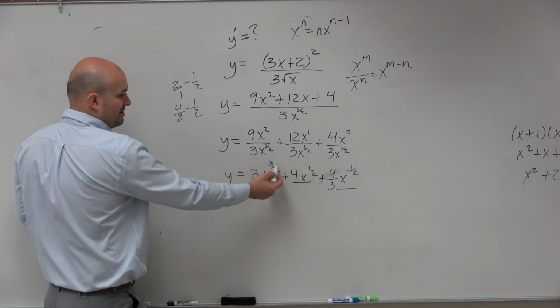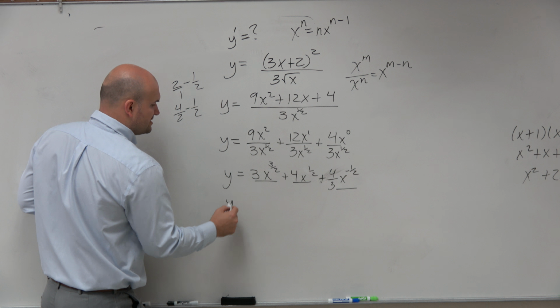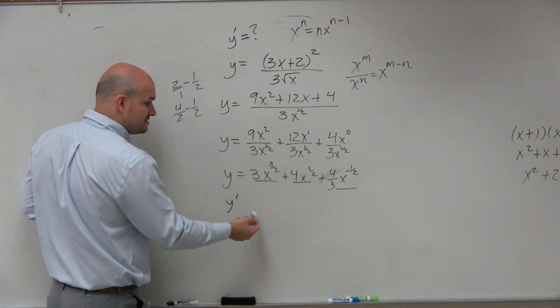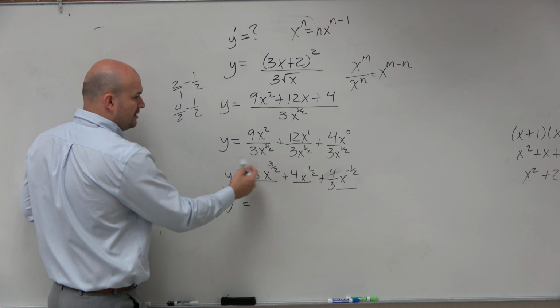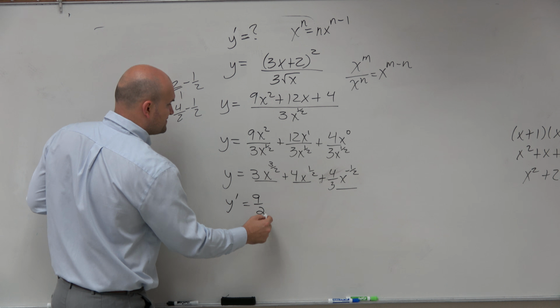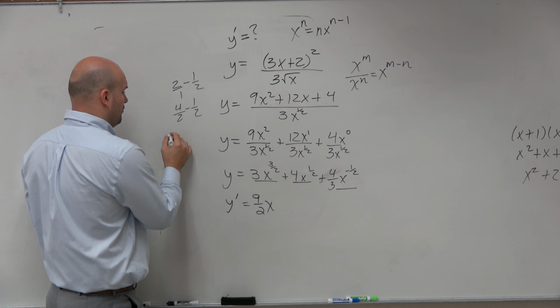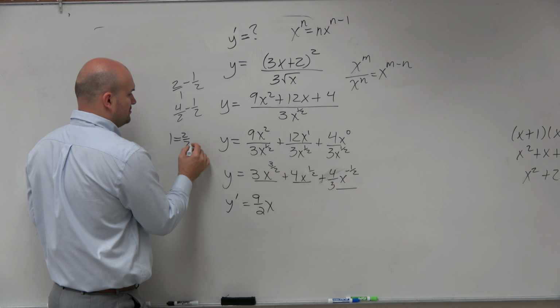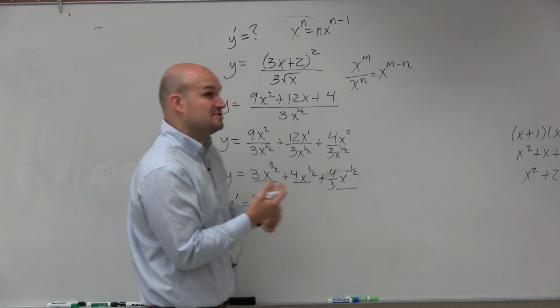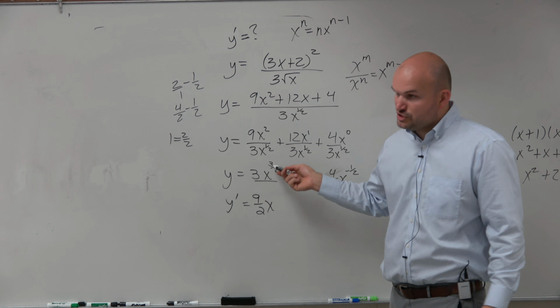OK? So we bring this down. So we can say y prime, because now we're doing calculus. The change here is going to be 9/2 x to the, now again, remember 1 is equal to 2 over 2. So when I'm subtracting 1, I'm really subtracting 2 over 2.